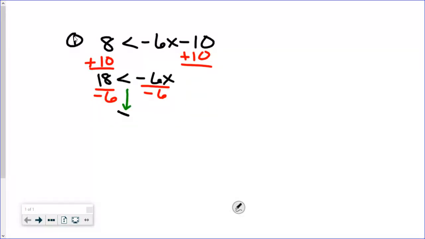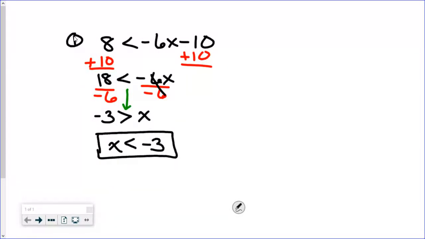I have to flip the sign. I get a negative 3, I get an x, but my final answer has to have the x on the left, the number on the right, and the little alligator eating the number for that one. So that would be something I would write if I asked that kind of question on today's test.